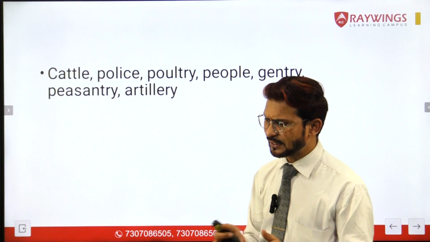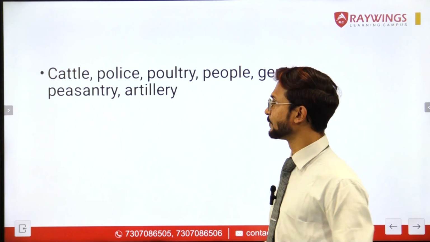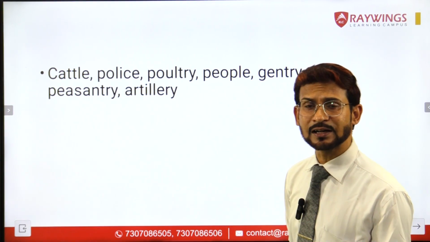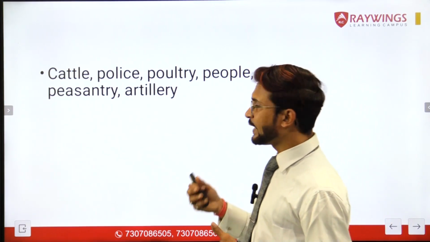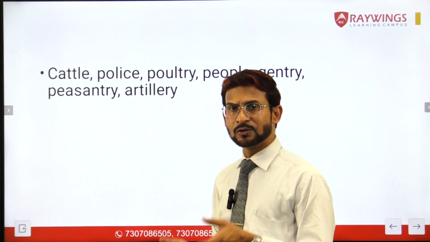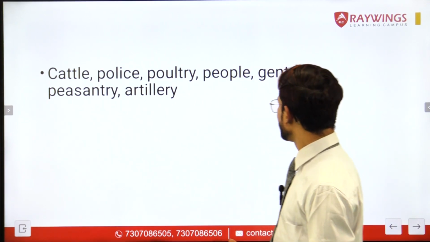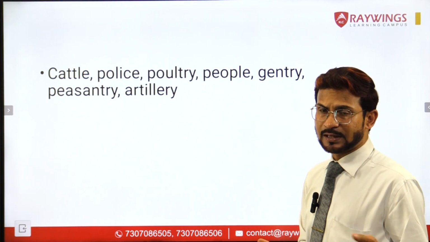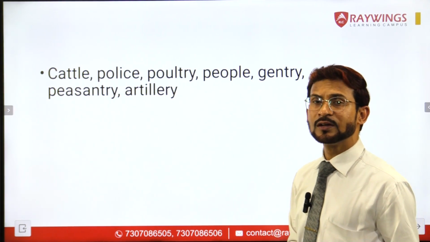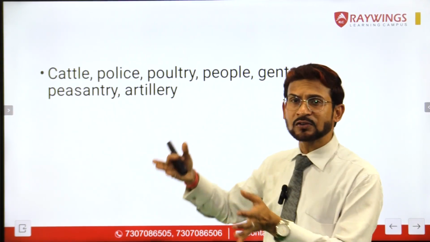We never say cattle is, we always say cattle are. Police are coming, not police is coming. Poultry are being fed, not poultry is being fed. People are present there; people is present there, that is wrong. The singular of people is person.